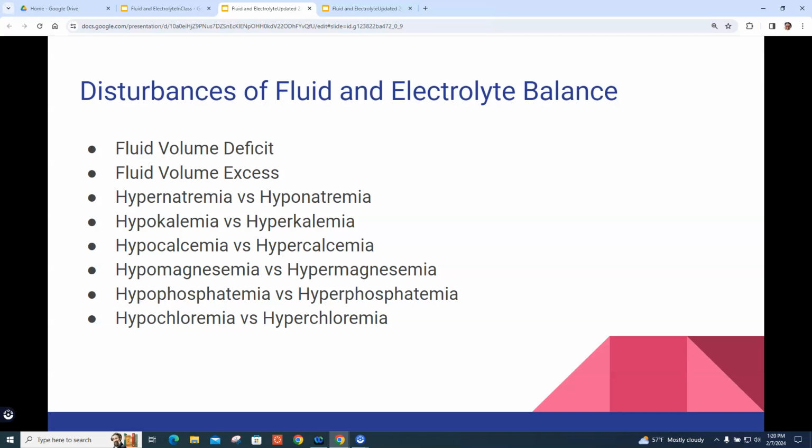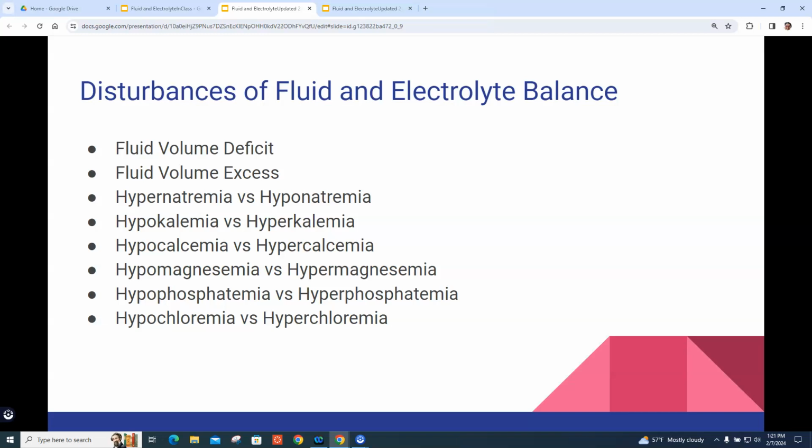That's not to be confused with dehydration, because dehydration has to meet certain requirements. Dehydration is a fluid volume deficit, but it is not completely fluid volume deficit. And then there's fluid volume excess, which means there's an overaccumulation of fluid in the system.